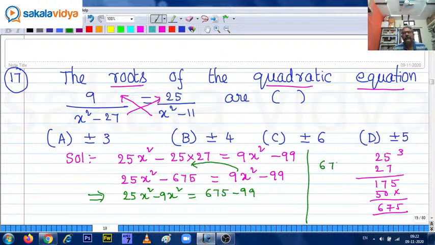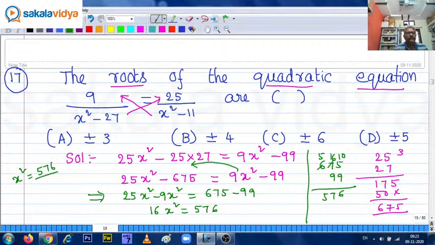Now 675 minus 99 gives 576. And 25x square minus 9x square is 16x square, equal to 576. So x square equals 576 upon 16.